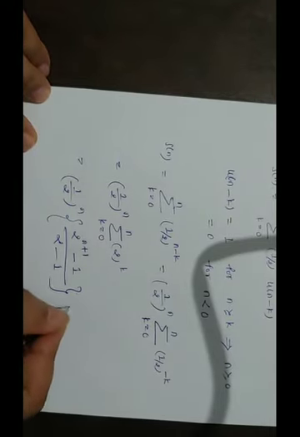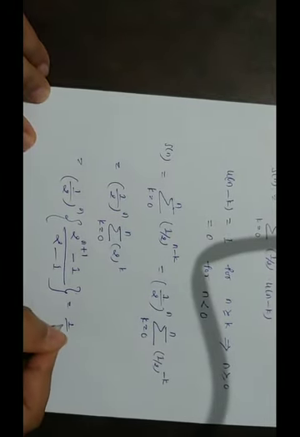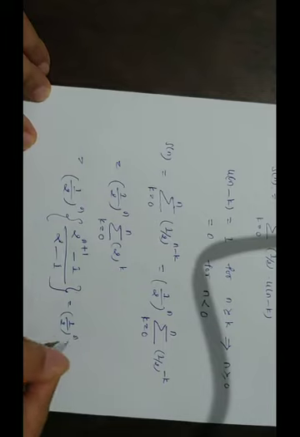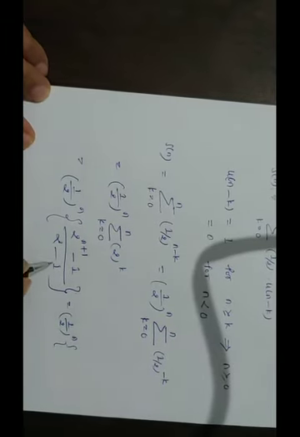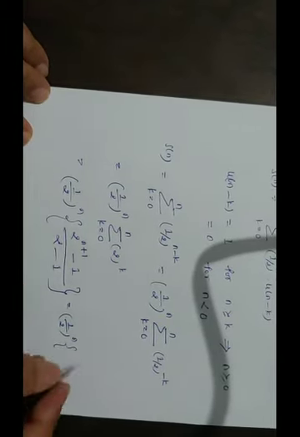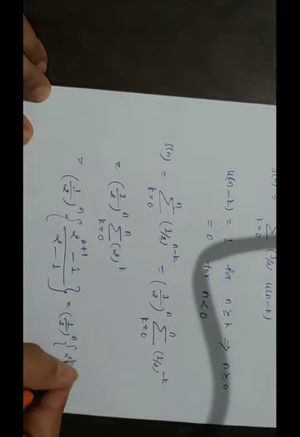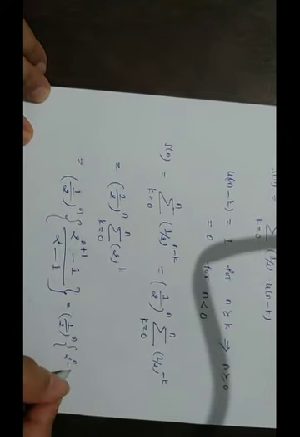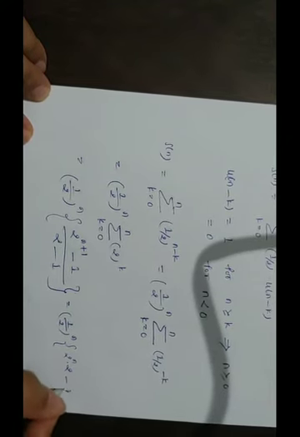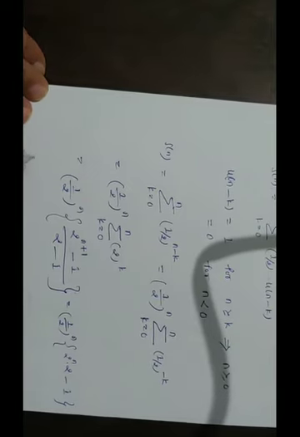Now let us simplify this one. If I simplify, I am getting here 1 by 2 to the power n. Look here, 2 minus 1 is 1, so only the top is left, which is 2 to the power n plus 1 minus 1. Again I can split this as 2 times 2 to the power n, minus 1. Let us write it in that form.